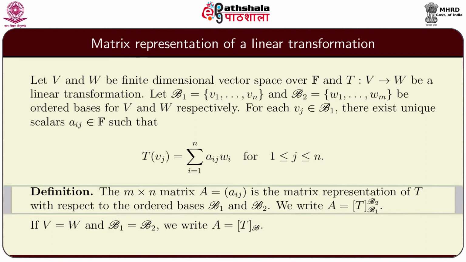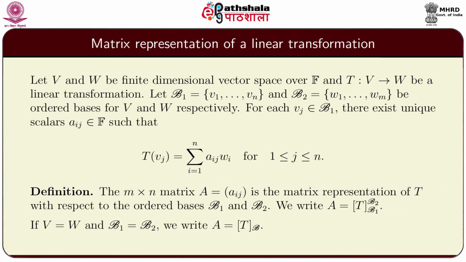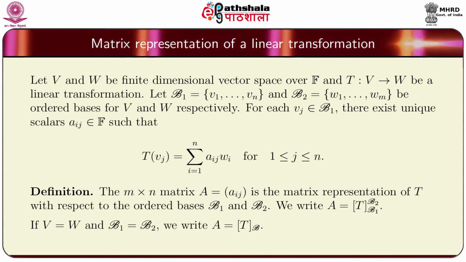This gives rise to the matrix A written as (aij), and that is what is called the matrix representation of T with respect to the ordered bases B1 and B2. And this we write as A is equal to box T with the suffix B1 and the superscript B2.